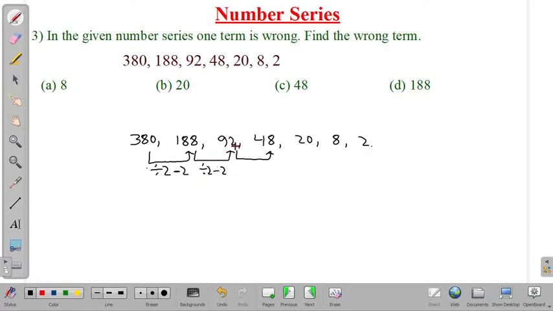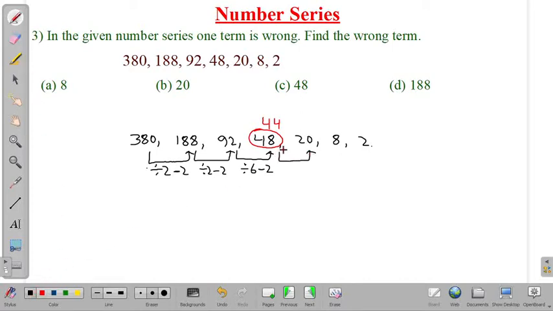From 92, if we divide 92 by 2, we get 46, and then if we subtract 2, we should have got 44. So our wrong term should be 48. The correct term should have been 44, but we will check the next term as per our logic.